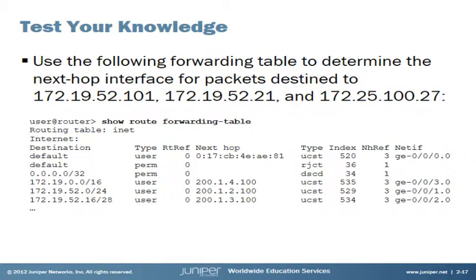So it's one of those three. We've got two of them starting with 172.19.52. So in reality, it's one of those two. Which one? Is it the top one, or is it the last route or the second last route? We've got a 50-50 chance here.